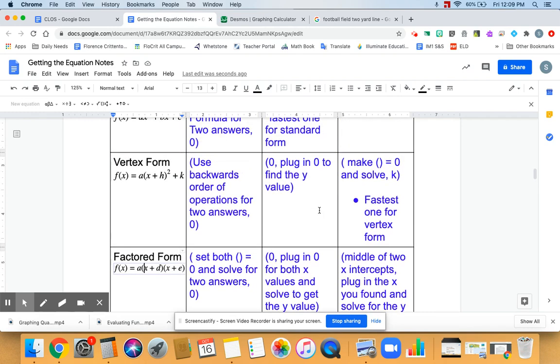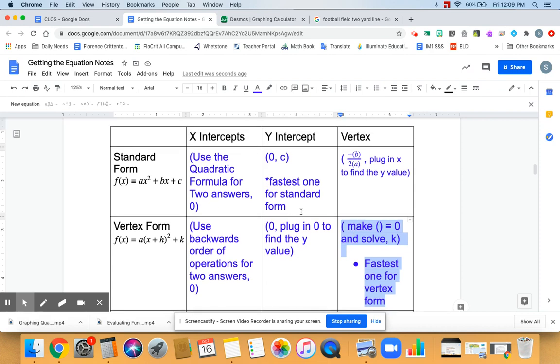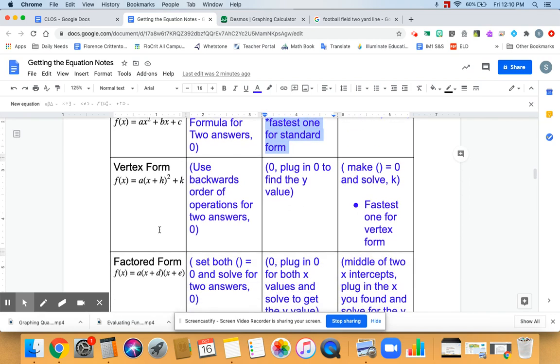Just like, since the fastest one for vertex form is the vertex, I can use the vertex to make the vertex form. The only thing I can't do is use the y-intercept to make the standard form. It's not enough information for me to actually figure it out, so I can't ever quickly make standard form. But I can quickly make vertex or factored form depending on what they give me.